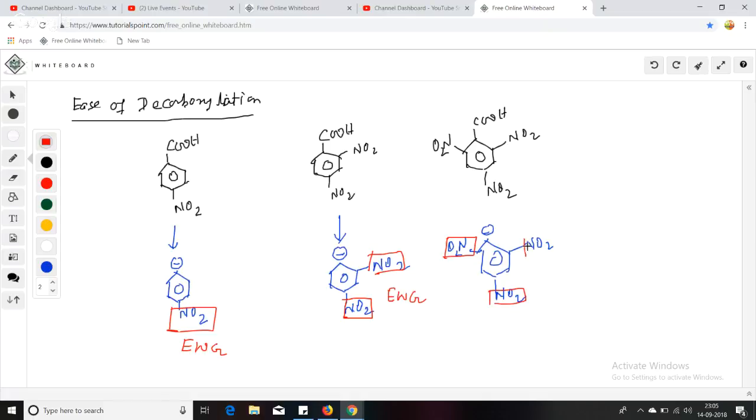If the number of electron withdrawing groups increases, the stability of the negative charge on it increases. And when the stability is more, that is nothing but the order of decarboxylation. More stable anion, more easily decarboxylated.